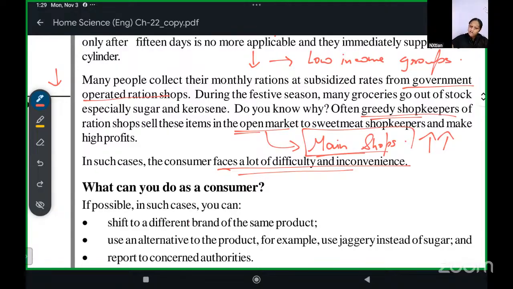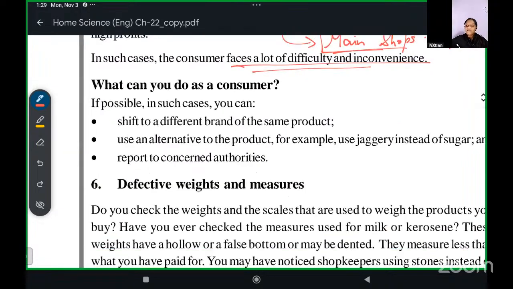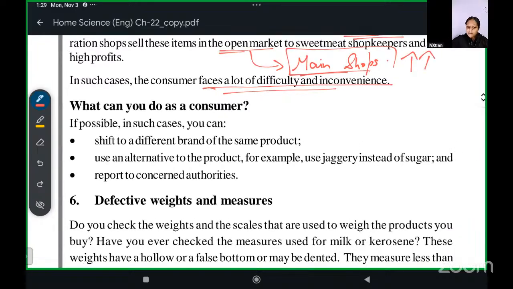Now, what can you do as a consumer? If possible, in such cases, you can shift to a different brand of the same product, or use an alternative to the product, like jaggery instead of sugar, and report to the concerned authorities. Many things have alternatives.